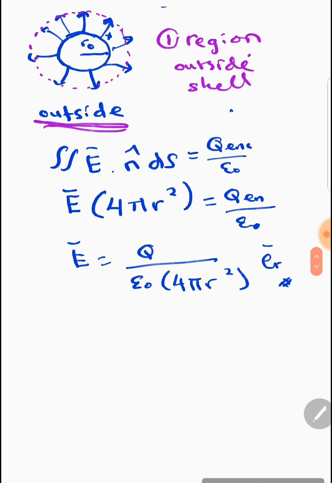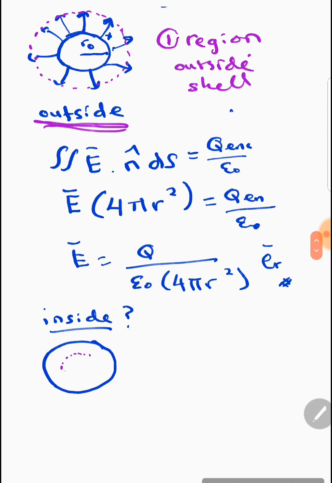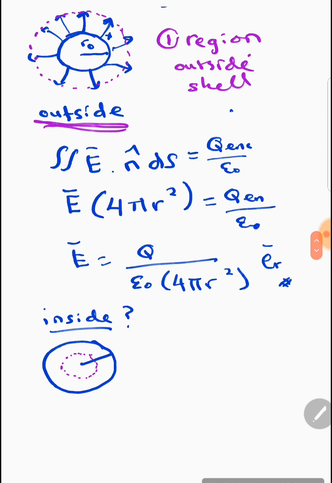Now what if it's inside? That's another part we want to look at. We have a thin spherical shell, but now I have to choose a region that is smaller than the spherical shell, which means my R naught is this side here, but my R will be smaller than my R naught.